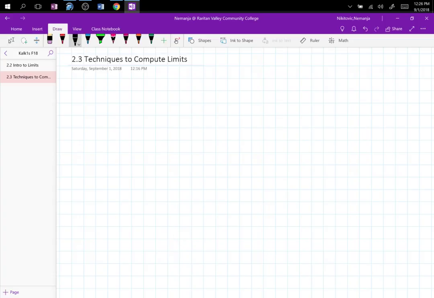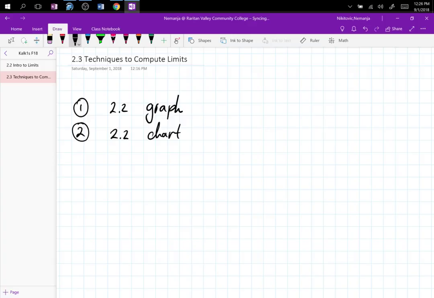So, number one, we already covered in 2.2, graph. Number two, also in 2.2, chart or table or values. Number three, plug-in.